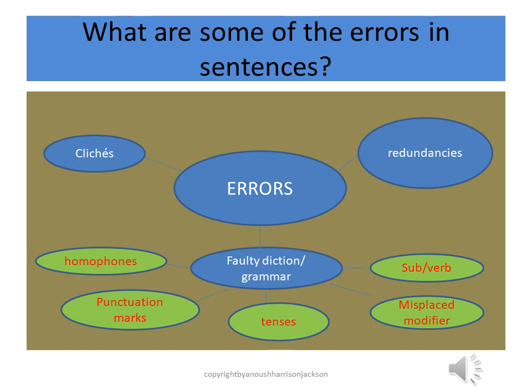What are some of the errors in sentences? As you may recall, some of the errors that are observed in sentences are: 1. Cliches. 2. Redundancies. 3. Faulty diction or grammar. Under the heading for faulty diction or grammar, you may have an error with regards to homophones.